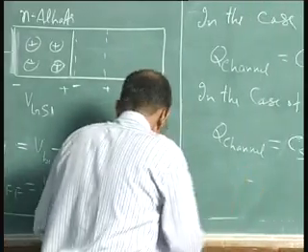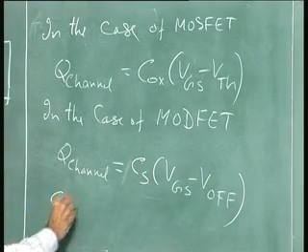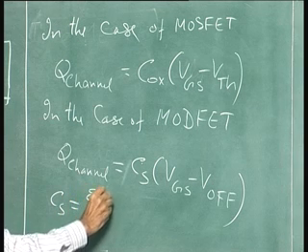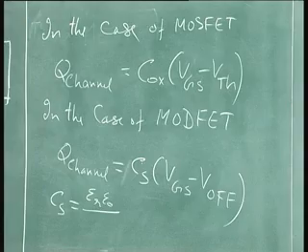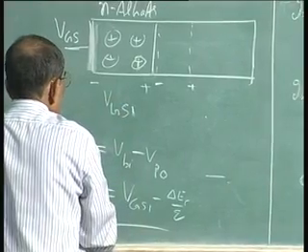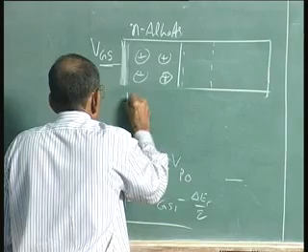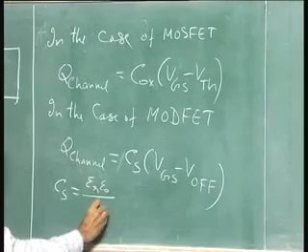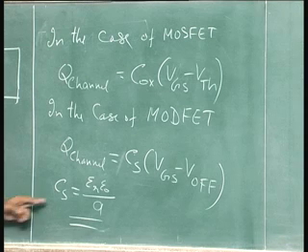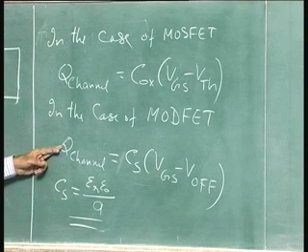So, what is CS? Epsilon r epsilon 0 divided by, we call this as A, the entire layer is A, that is B, per centimeter square, charge is per centimeter square, all this we are talking about.